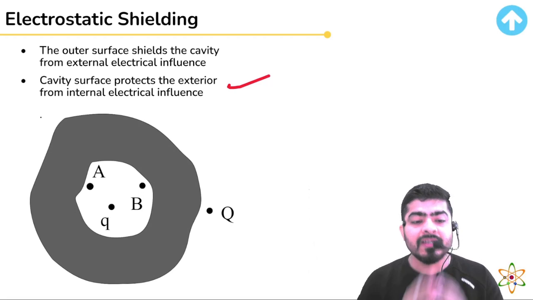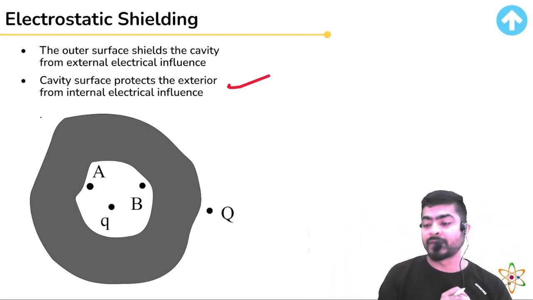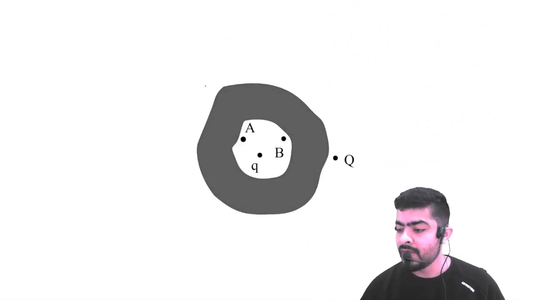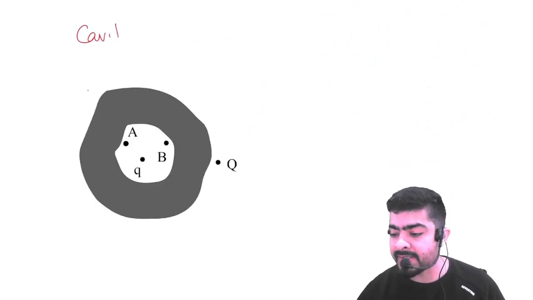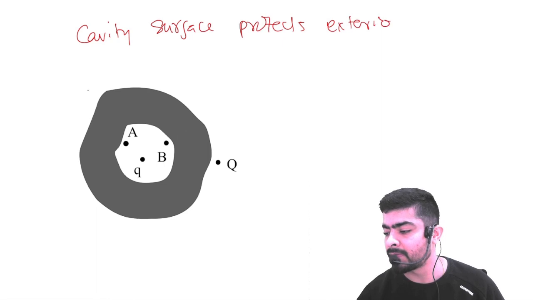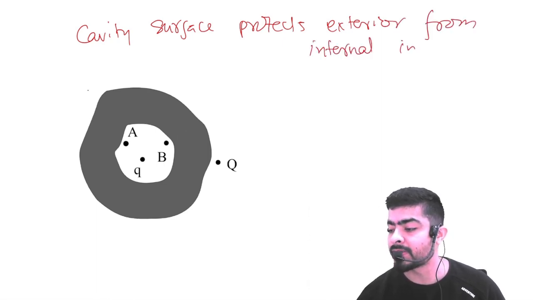Cavity surface protects the exterior from internal influence. This is also very important. Okay, so let me draw this diagram again. So now what do we have? Cavity surface protects exterior from internal influence.